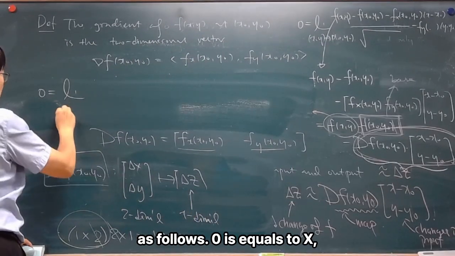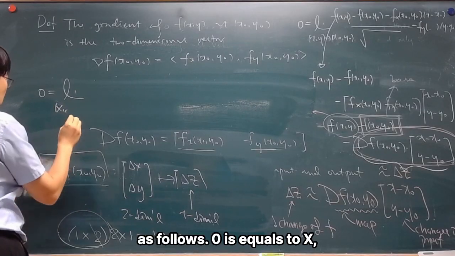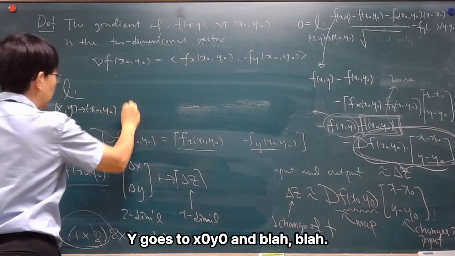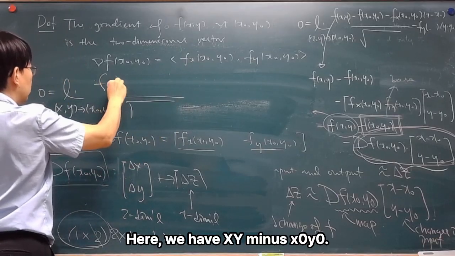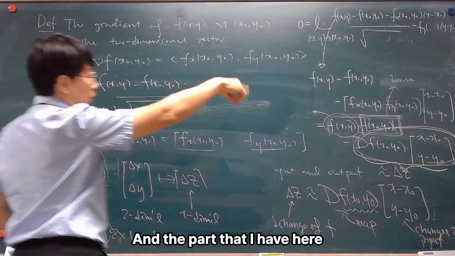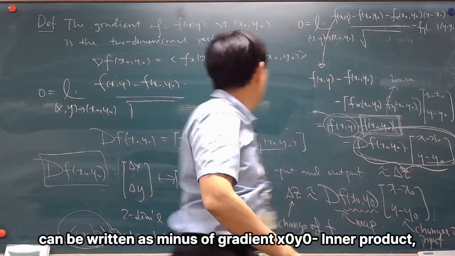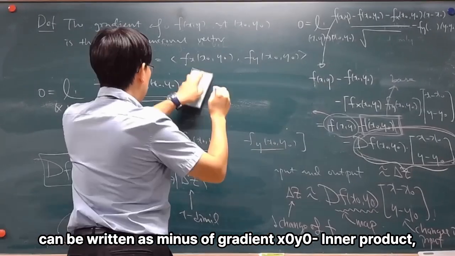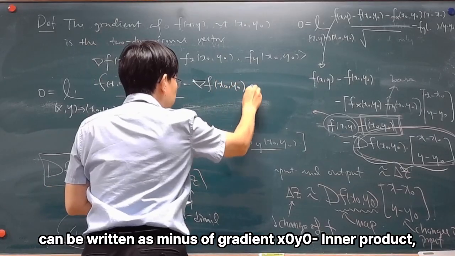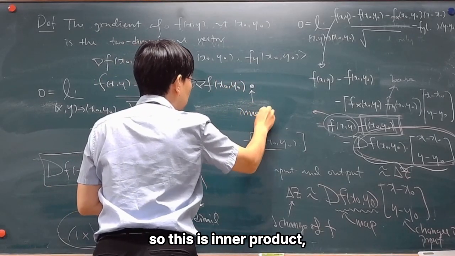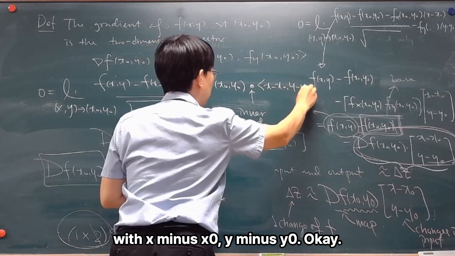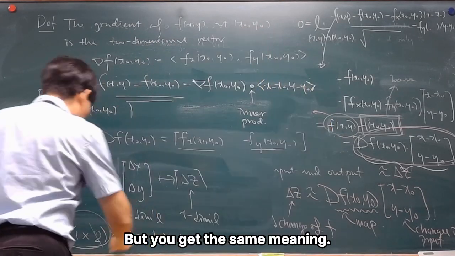So 0 equals the limit as (x, y) goes to (x0, y0) of, and so on, here. So we have (x, y) minus (x0, y0). And the part that I have here can be written as minus the gradient at (x0, y0), inner product with (x minus x0, y minus y0). Okay, but you get the same meaning.